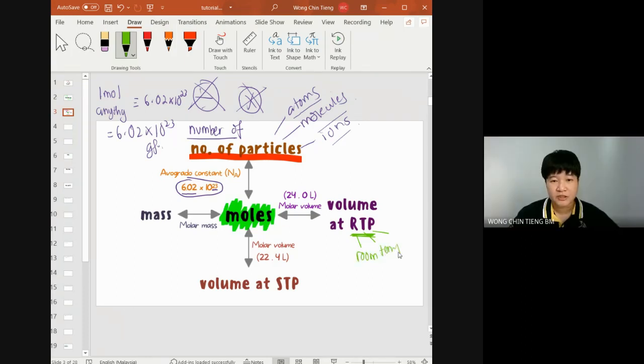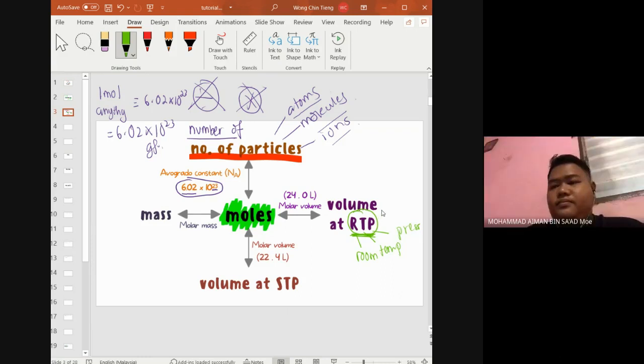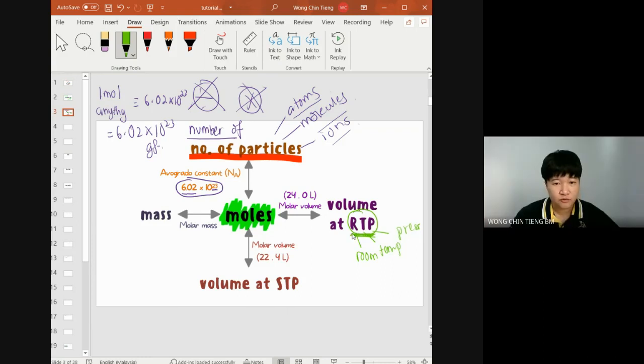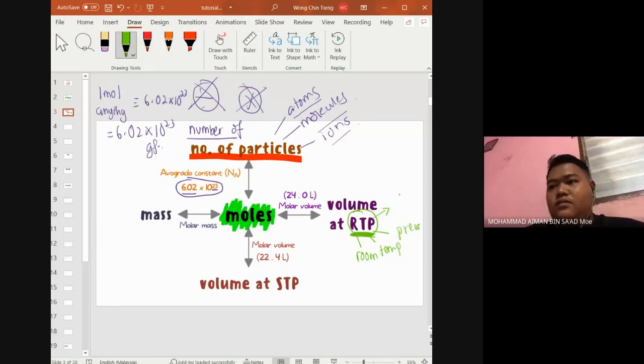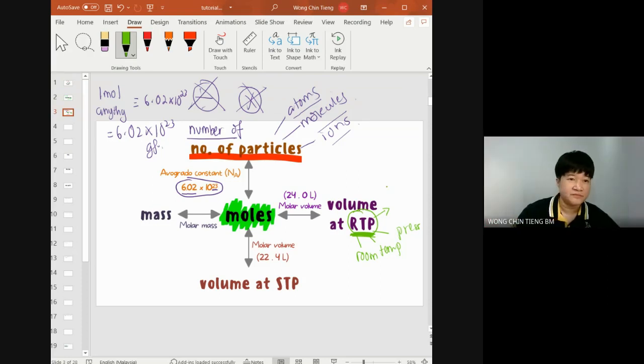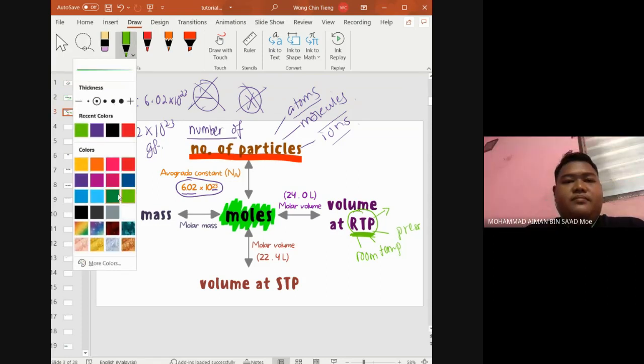And what is the condition of room temperature and pressure? 1 atm.